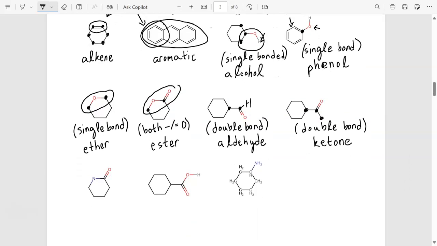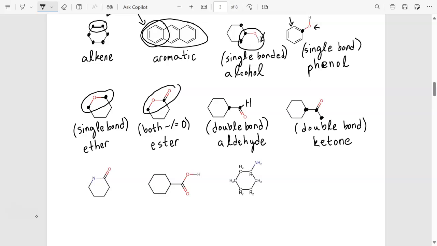Okay, last three. Now remember, I'm always checking those heteroatoms in the order of halogens, sulfurs, nitrogens, and then last are the oxygens. So the fact that I see a nitrogen stops me right there and says, okay, I've got one of two options.